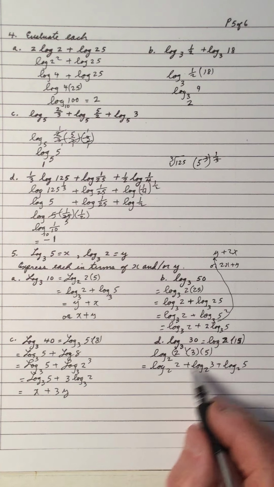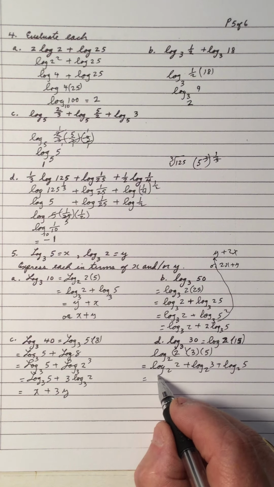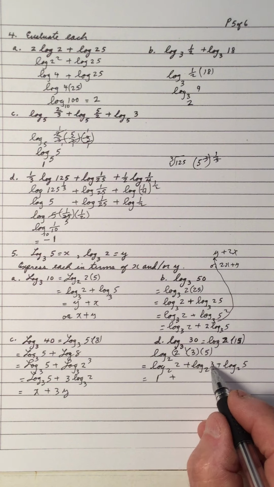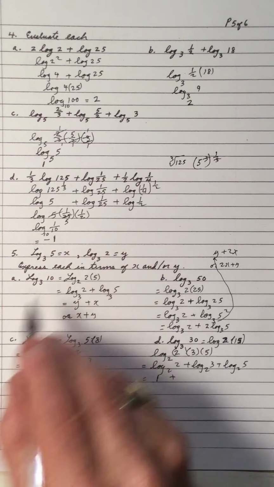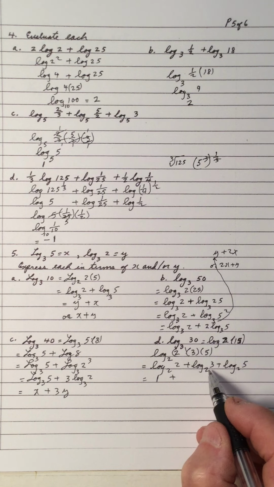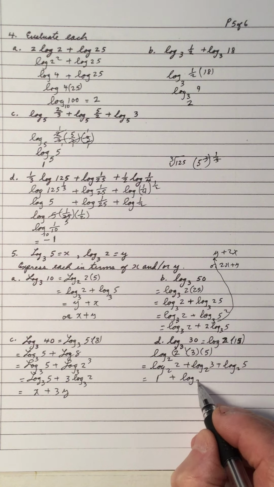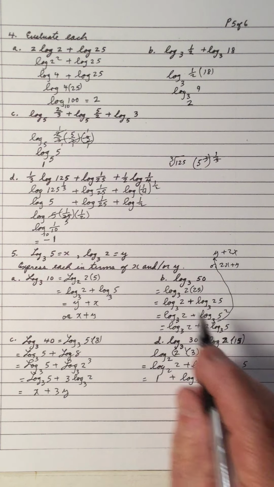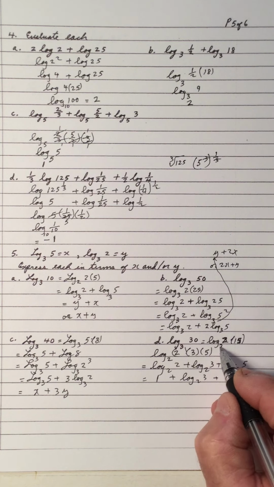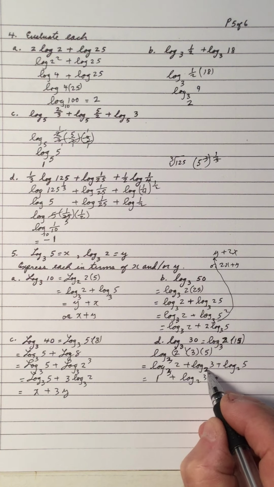We got 2, 3, and 5, all base 3's. What's the log of 2 base 2? That's a 1. 2 to the 1 is 2. And the log of 3 base 2. Can't do it. If we had a 2 base 3, we might do it, but we can't change it. And the log of 5 base, we had base 3's. Oh, yes, okay. I didn't put my base 3 in there. I thought I made an error.